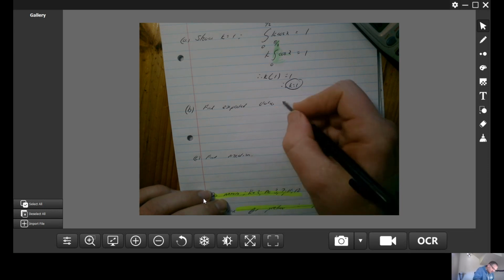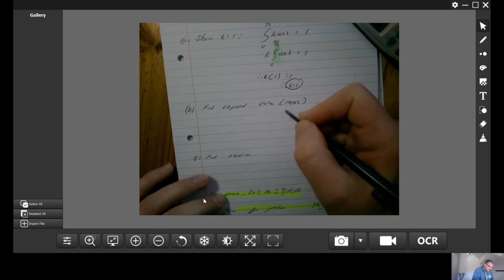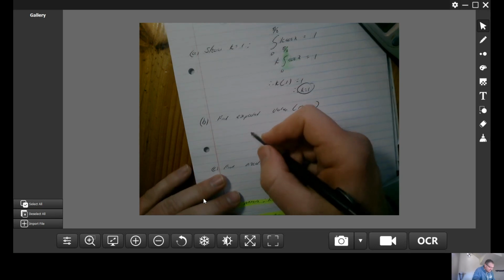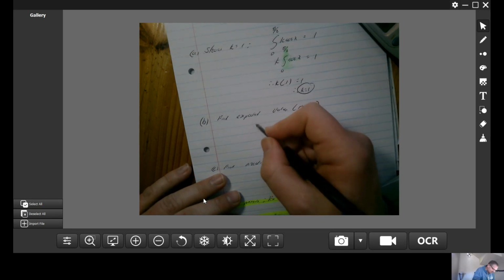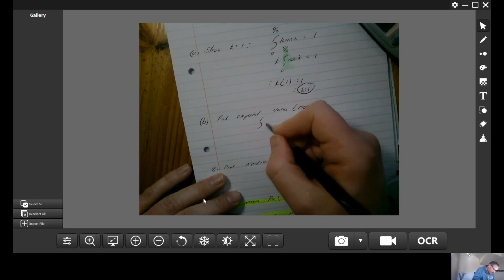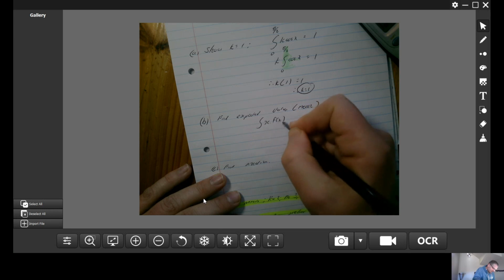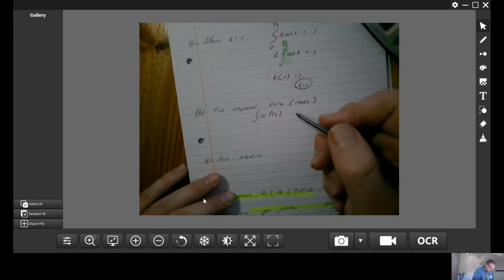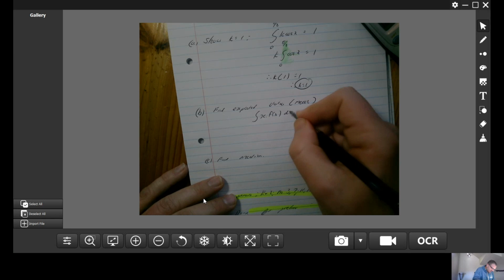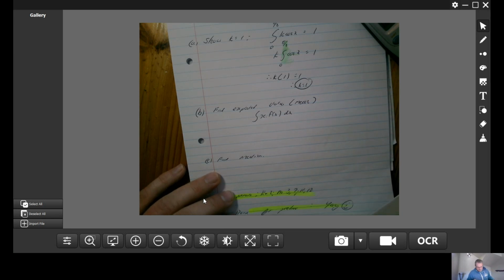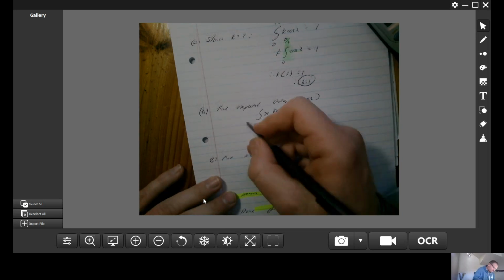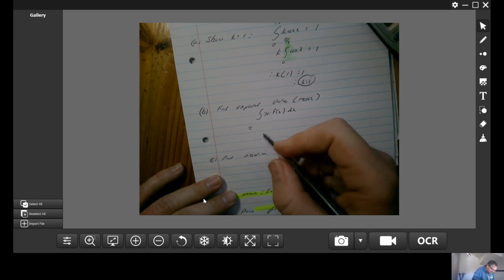The expected value, how else could we ask this question? Go find the mean. Your calculator says you must do parts, but we can use our calculator. So the mean, the formula is the integral of x times f of x. That's our principle. The mean is the sum of all the x times the probabilities.